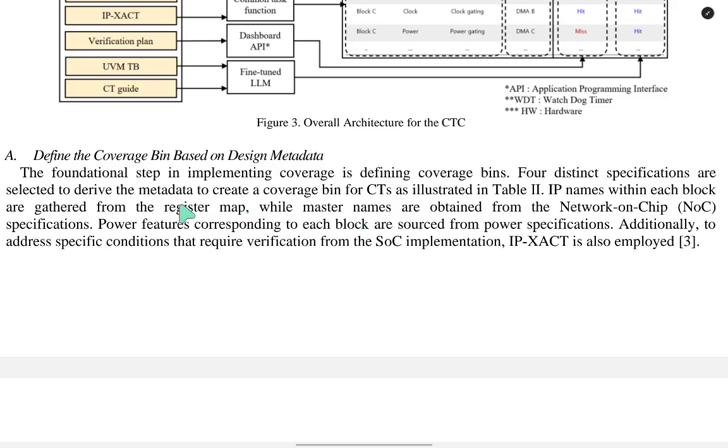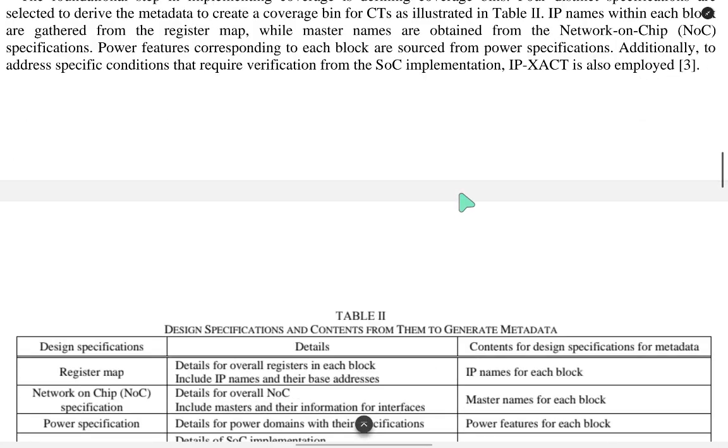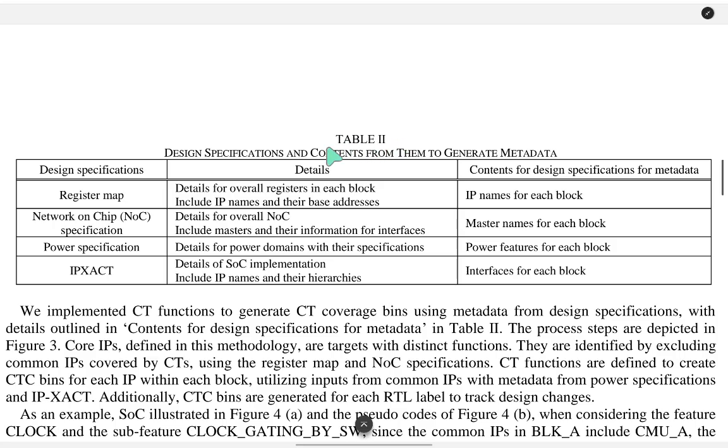Power features corresponding to each block are sourced from power specifications. Additionally, to address the specific conditions that require verification from the SOC implementation, IP-XACT is also employed. Table 2. Design specification and contents from them to generate metadata.